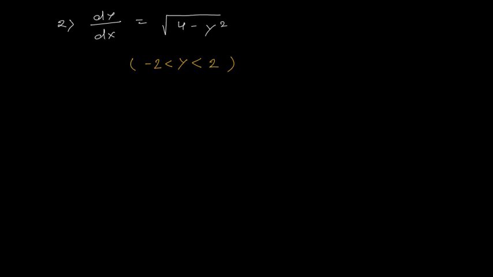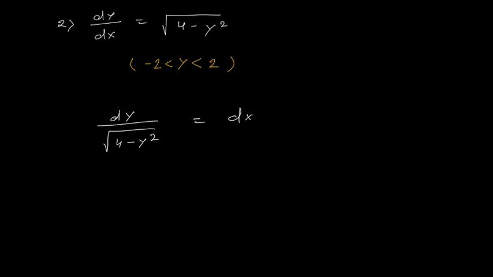dy upon dx is root of 4 minus y square. So here again I will separate all y terms with dy. So this will become dy upon root of 4 minus y square is equal to dx.